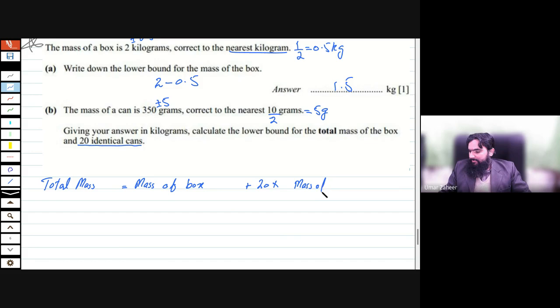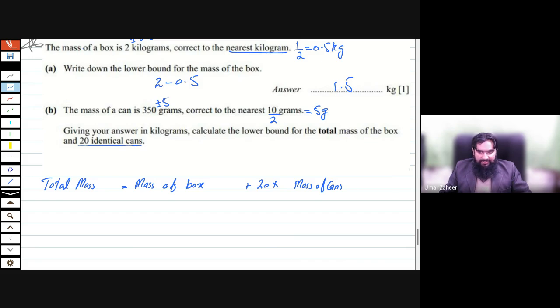For example, if it is not a bound question, you have to find the total mass. How are you going to find it? You have to take mass of box plus 20 identical multiplied by the mass of cans. Is it clear?